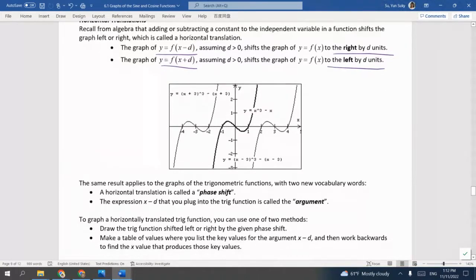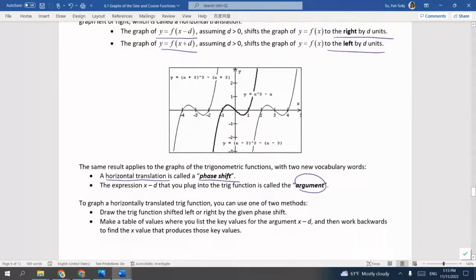And this horizontal translation is called the phase shift. And then the expression x minus d, where you plug in the trig function, is called the argument. So argument is whatever you input into the trig functions.